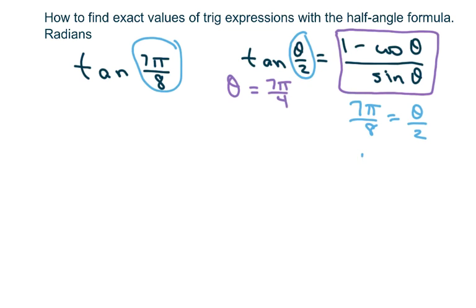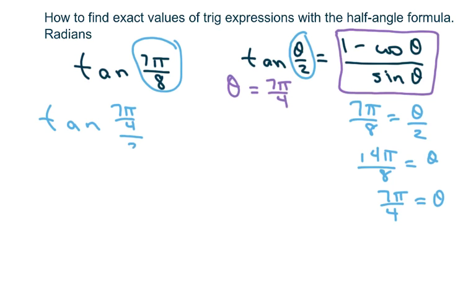When you cross multiply, you get 14 pi over 8 equals theta, and that's going to give you 7 pi over 4. And usually when you do these a lot, you can just do them mentally, because we know that 2 times 4 is 8, which gives us that. So our angle is going to be 7 pi over 4, and just use the formula.